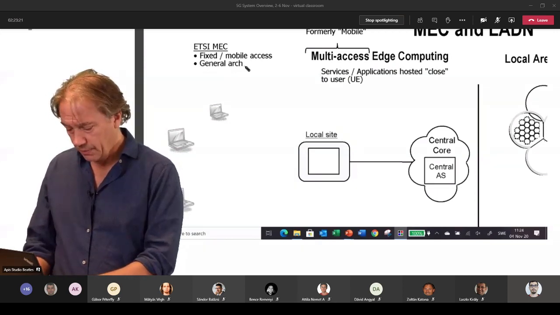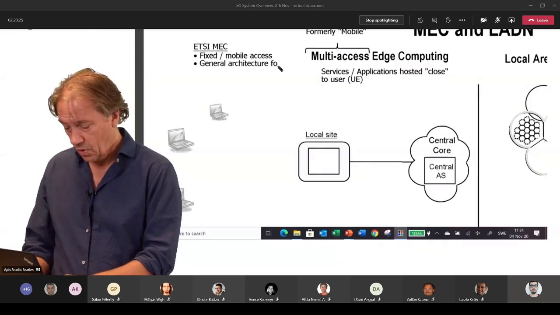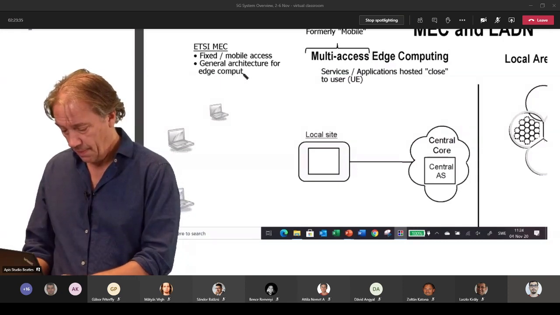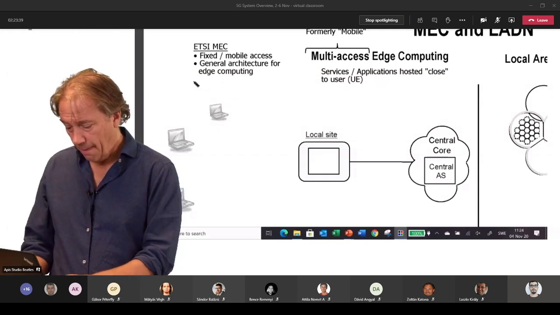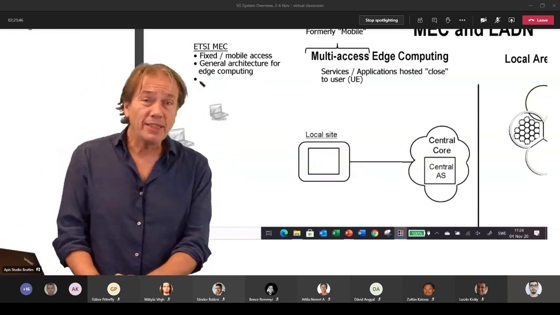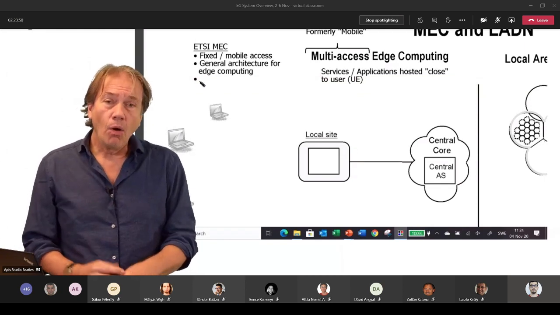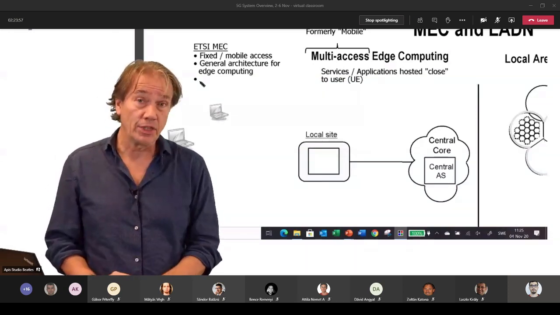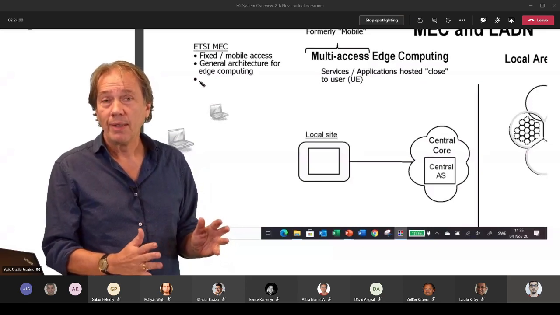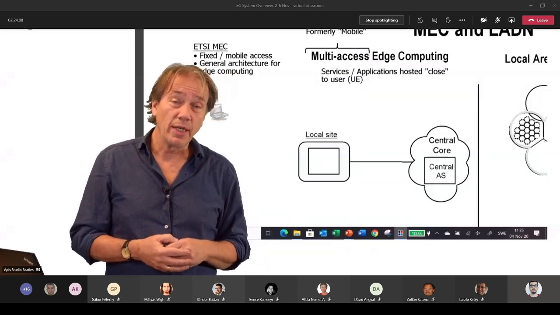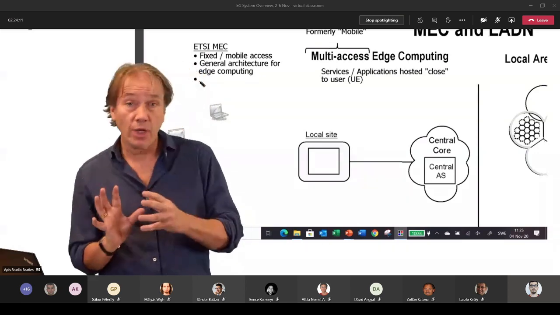So general architecture for edge computing, which makes sense in a way because also NFV, Network Functions Virtualization, is standardized by ETSI, not really by 3GPP. 3GPP define the network functions, but looking in the 3GPP specifications, it doesn't really say that the network functions shall be virtualized.